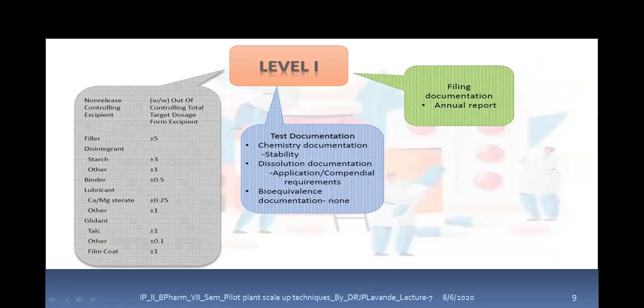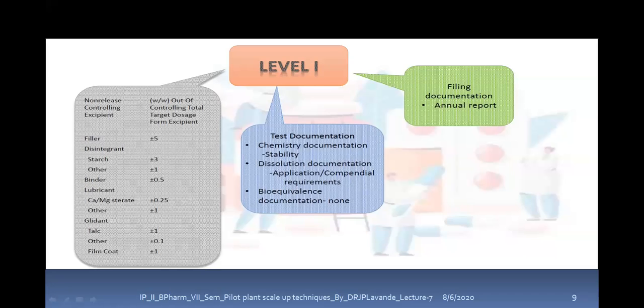If it is the disintegrant, like starch, others, and binders, it should be less than or equal to 3, less than or equal to 1, less than or equal to 0.5. For the lubricants such as calcium, magnesium, stearate and others, it is respectively plus or minus 0.25 and plus or minus 1.